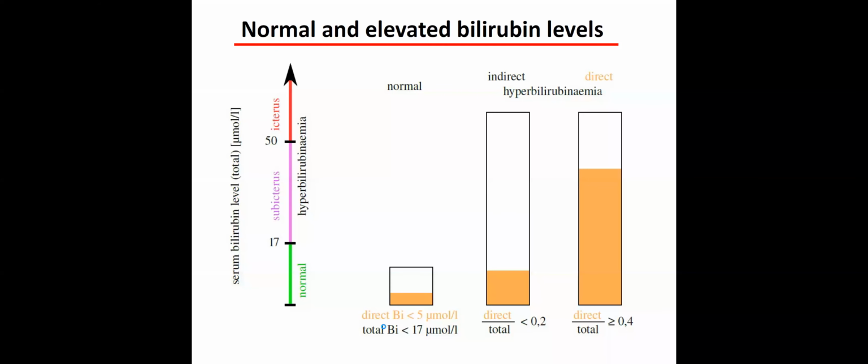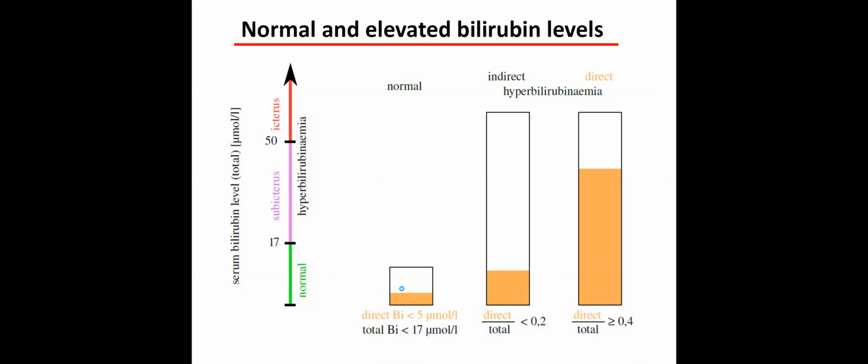After that, they use, for example, caffeine or other substances that release the bilirubin from the albumin binding, and this is how they measure the total bilirubin. So in the normal one, we have less than 17 total, and out of this, the direct reacting is less than 5.